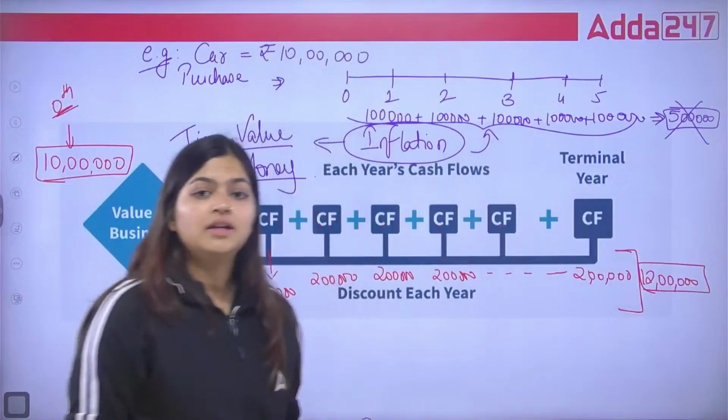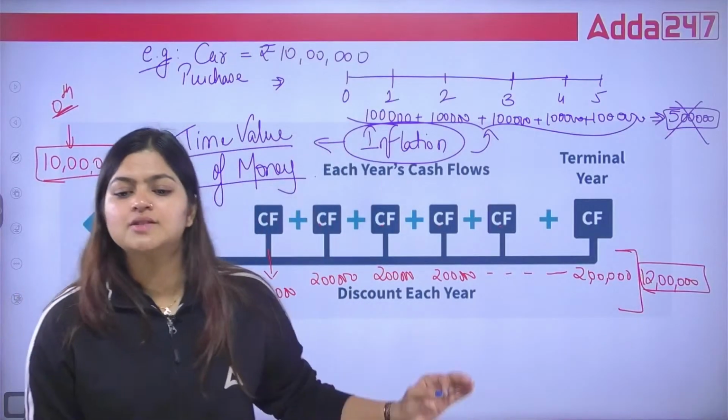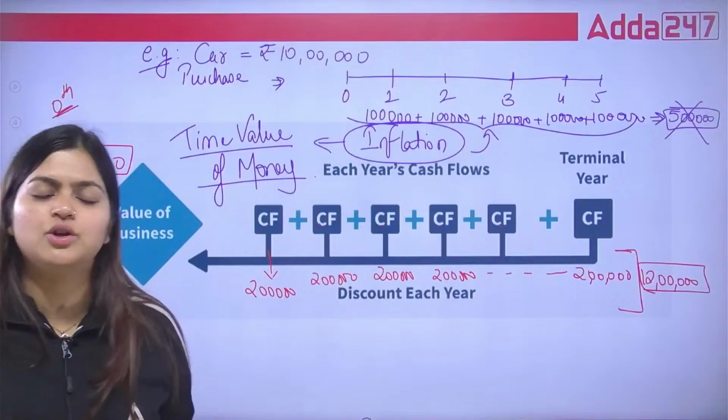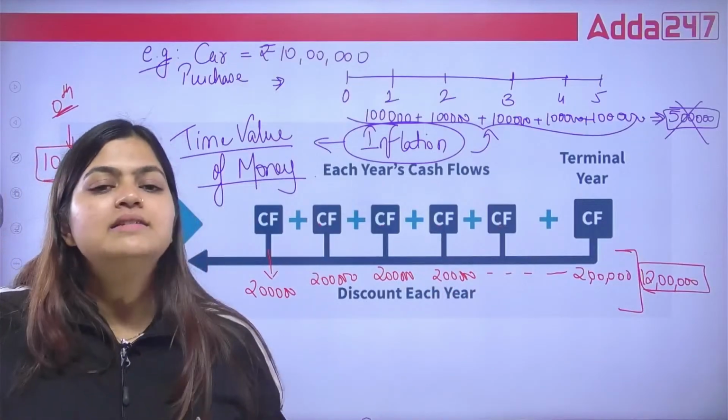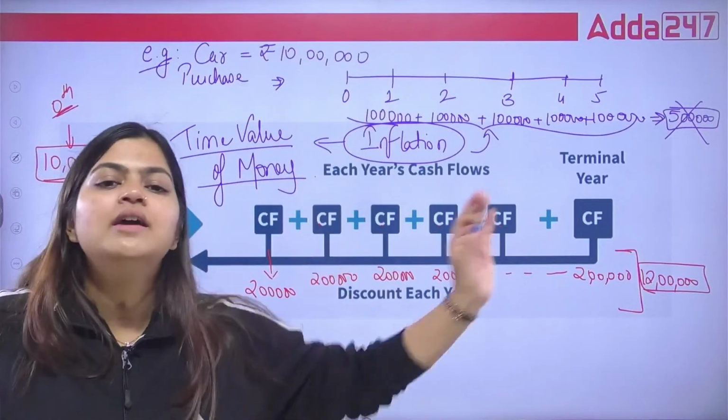be your total income. But this is not true because in this particular example, till now we haven't added any inflation.